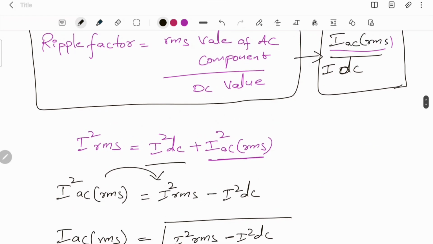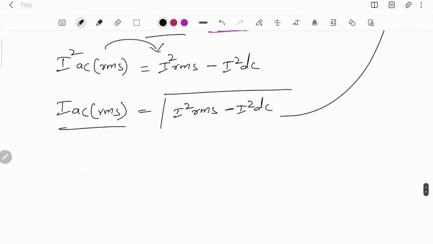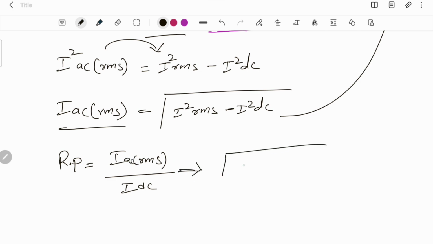See, now we know the formula for I AC RMS. So now substitute this formula in this equation. So the formula is ripple factor is equal to I AC RMS by I DC. Now we know the formula for the I AC RMS, that is root of I square RMS minus I square DC, by I DC.